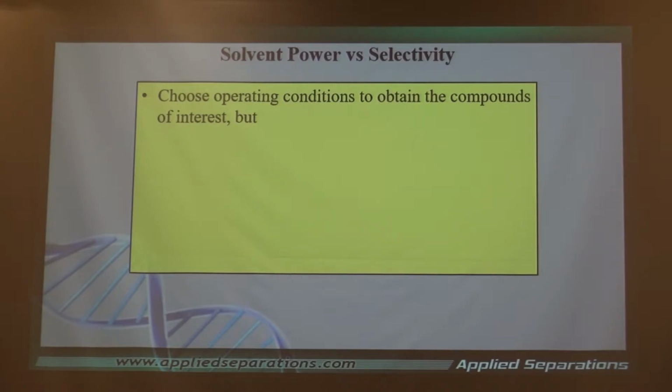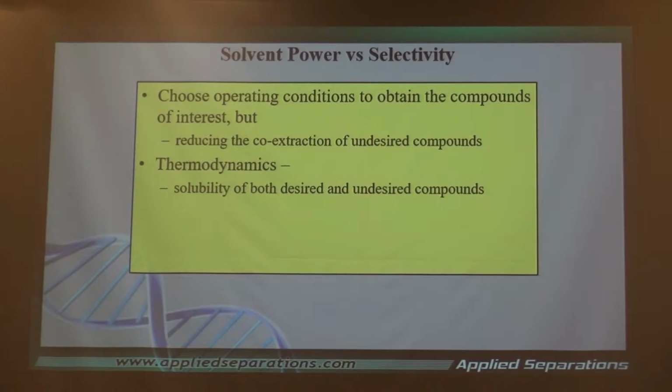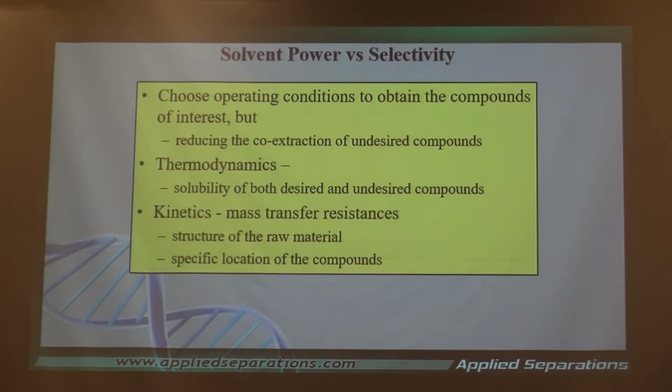We pick the conditions where we find that we have the greatest amount of extraction of the compound of interest, but not the solvating power that brings along the other products, as we call them, co-extractables. The thermodynamics is also important. I'll give you an example a little bit later about lycopene. And then we need to discuss the kinetics of the material itself.